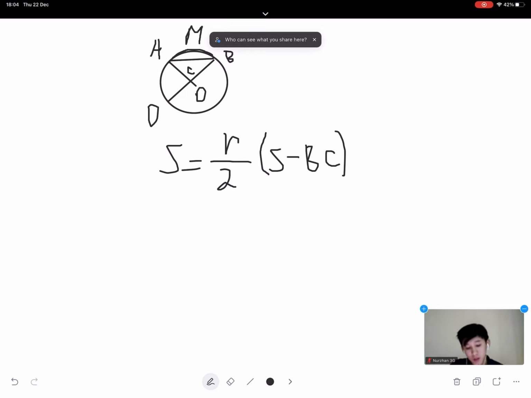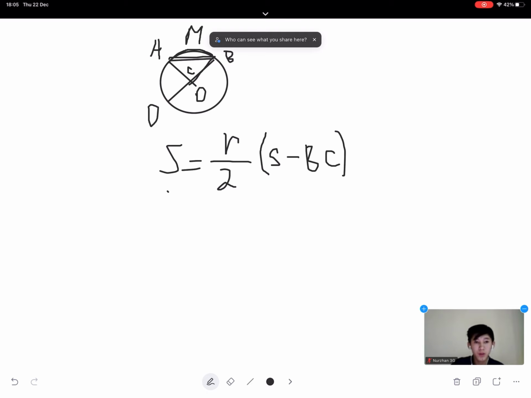Where S is the area of the segment, and R is the radius of the circle, and this small s is the length of the arc AB. Yes, and BC is the length of half the chord of the double arc BCN.